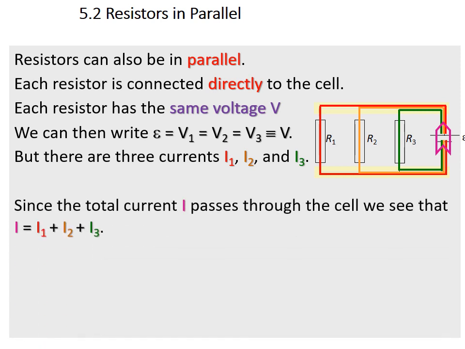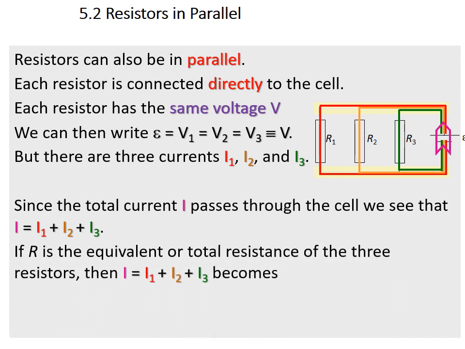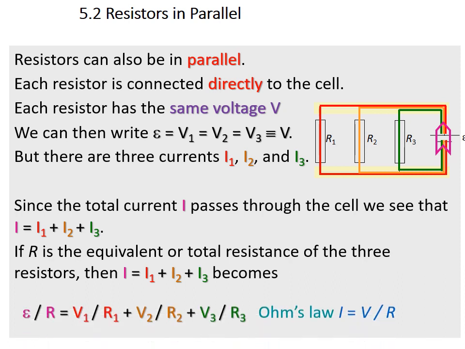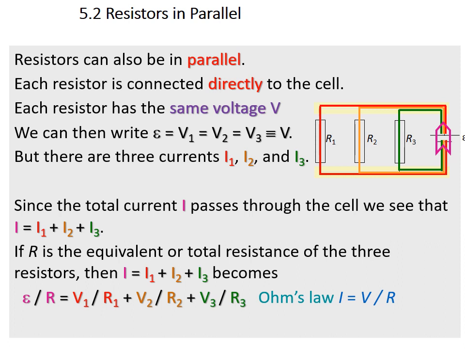The total current, though, that passes through the battery has to equal the sum of all of these currents. If R is the equivalent or total resistance of the 3 resistors, then the sum of these currents becomes voltage over R, which is the total current, equals V1 over R1 plus V2 over R2 plus V3 over R3.